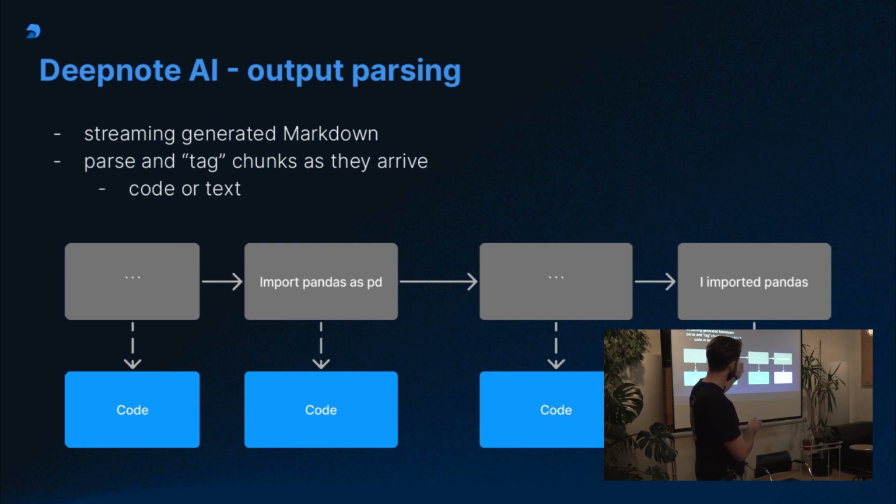A very simple example: we looked at the first chunk, we saw triple delimiters, so we knew that code would follow. We tagged that chunk as code. All subsequent chunks were also tagged as code, and we were waiting for the third chunk, which has those closing delimiters. After that we knew that all subsequent chunks could be treated as text.